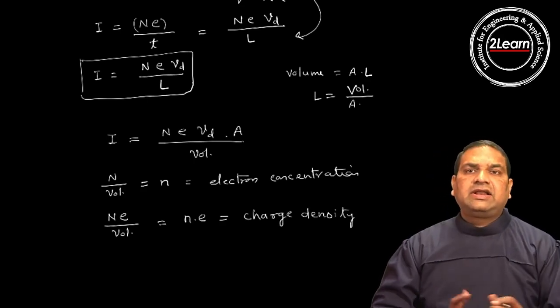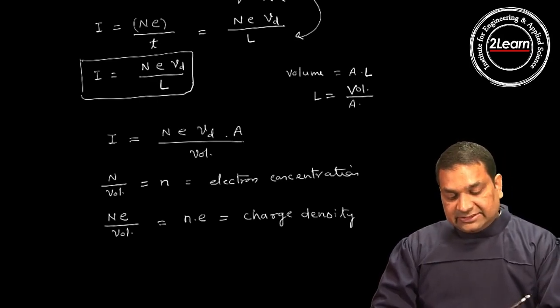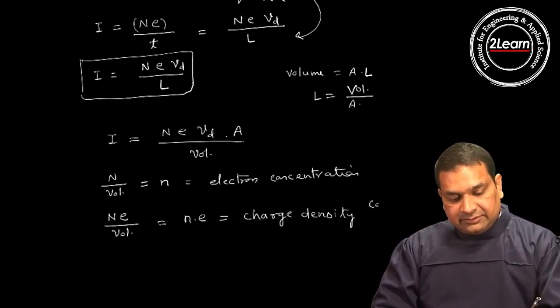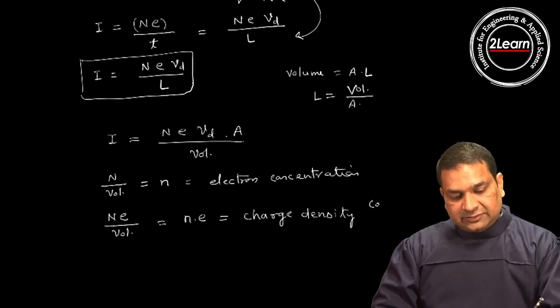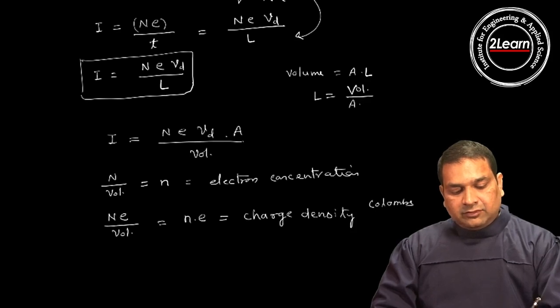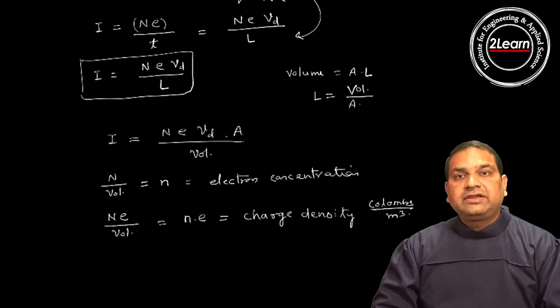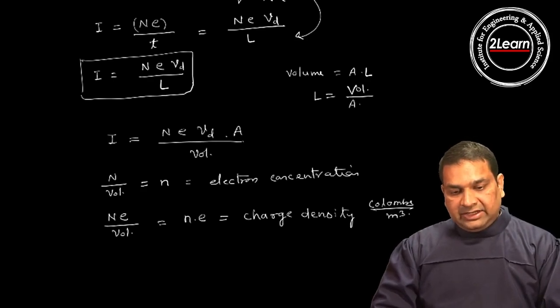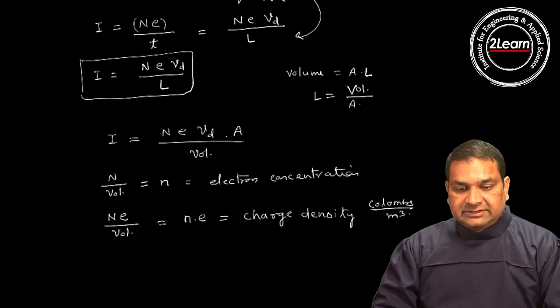Charge density is the charge per unit volume, in coulombs per meter cube. And electron concentration is N upon volume, that is small n.